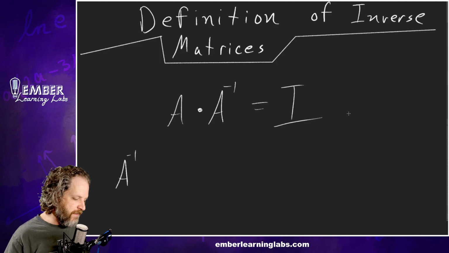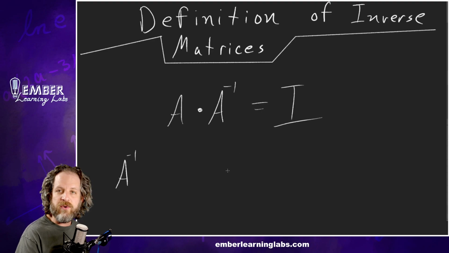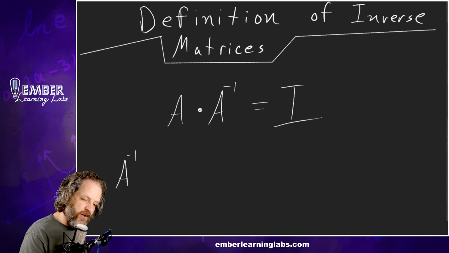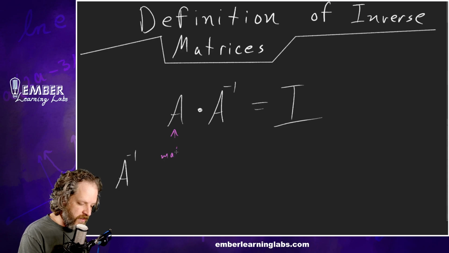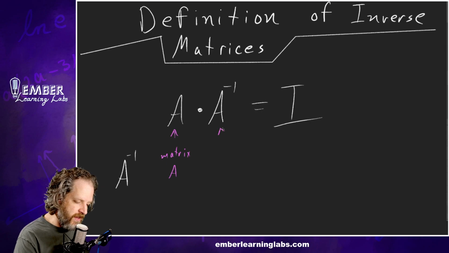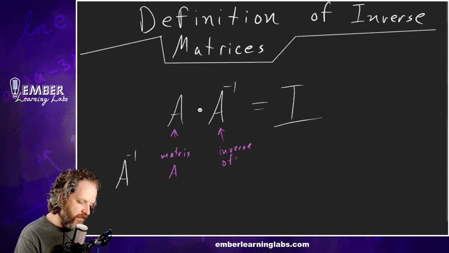So if you take a matrix and multiply it times another matrix and you get the identity matrix, then these two are inverses. I'm going to write in some words. This would be matrix A. This would be the inverse of A. And this would be the identity matrix.